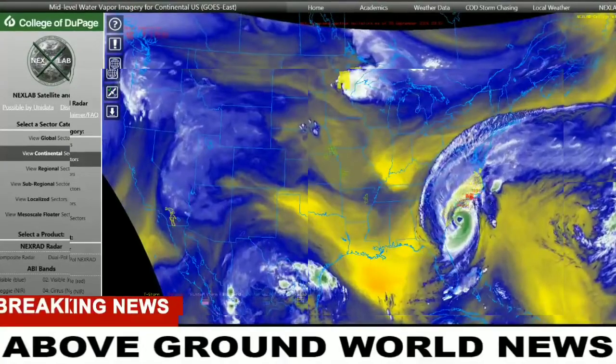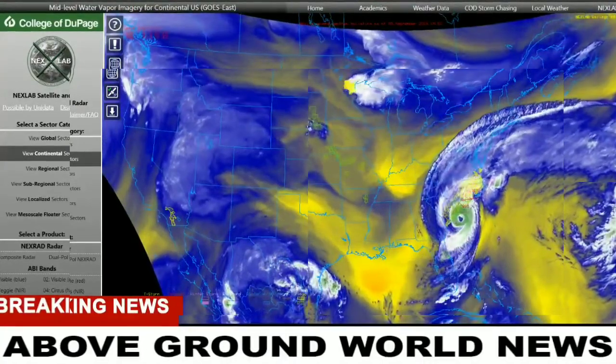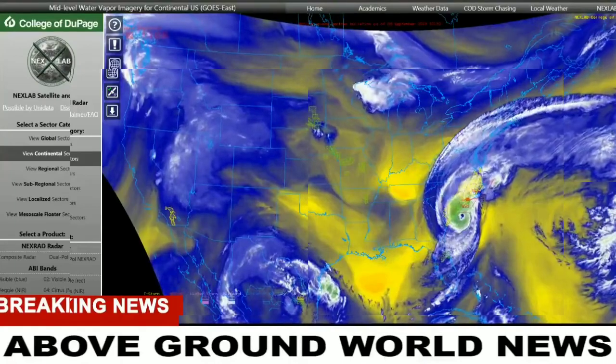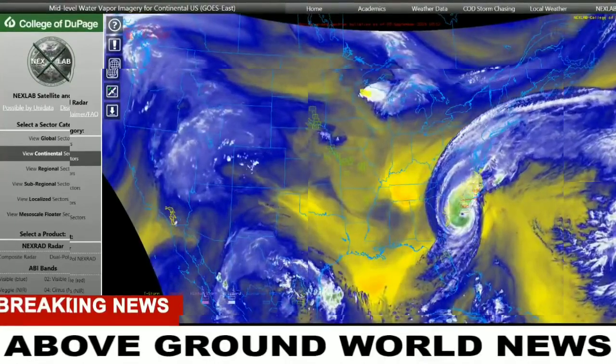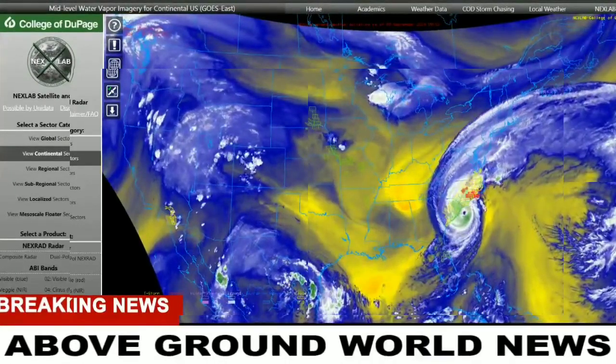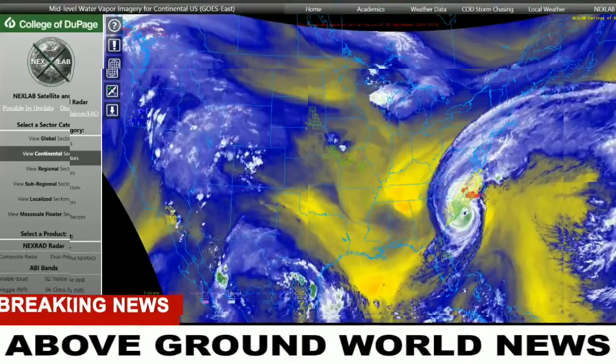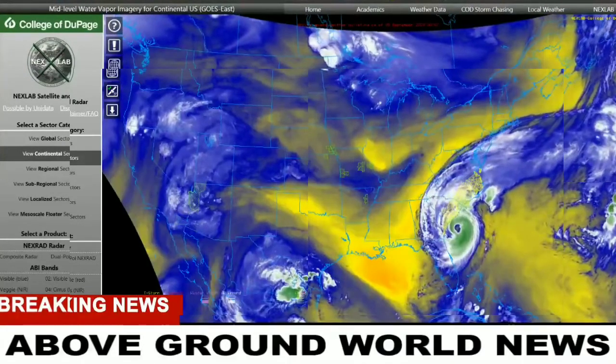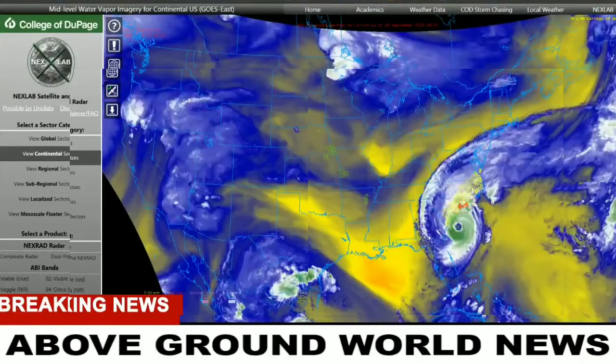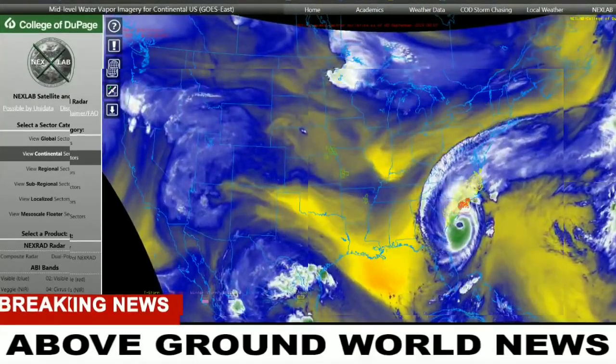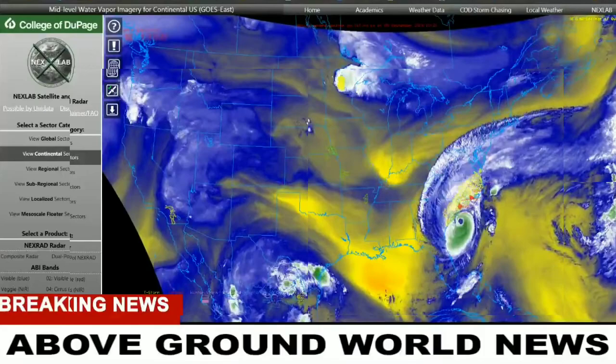Once that lightning disappears, the hurricane stops its footpath. This is what we saw when it came up south of the Bahamas. When it totally stopped for 32, 38 hours, I think it was, the lightning stopped.